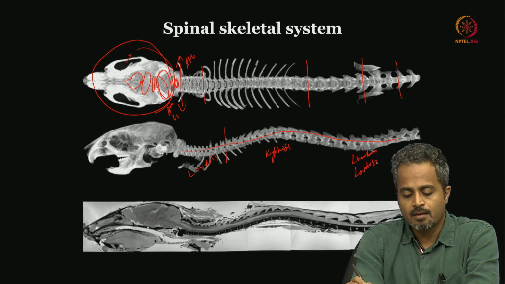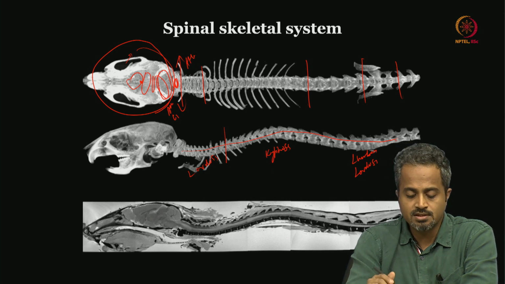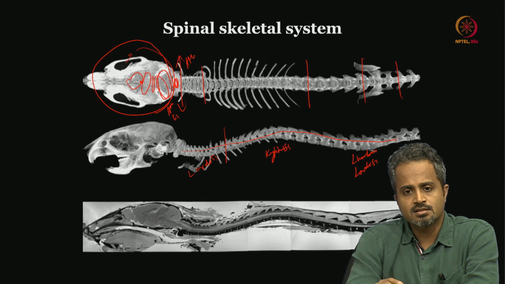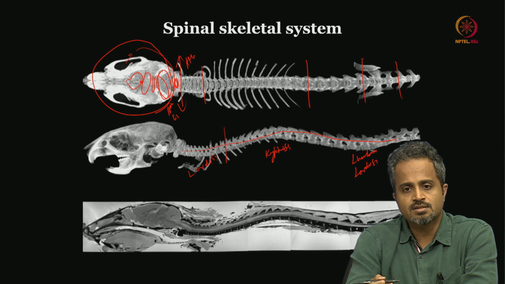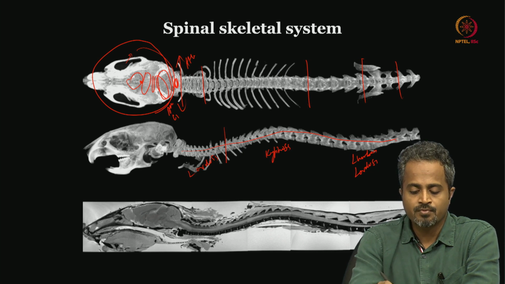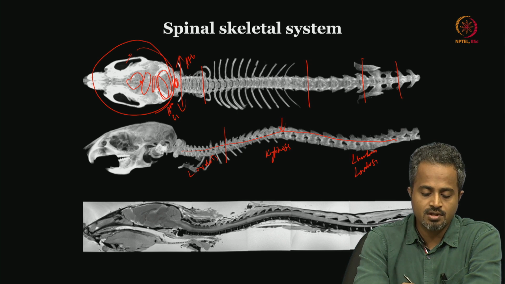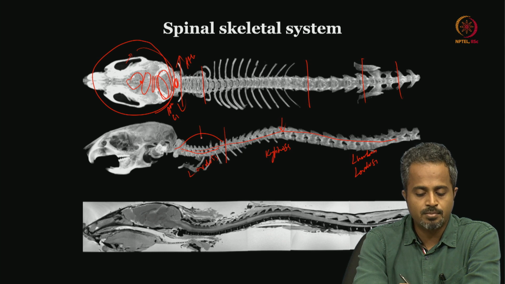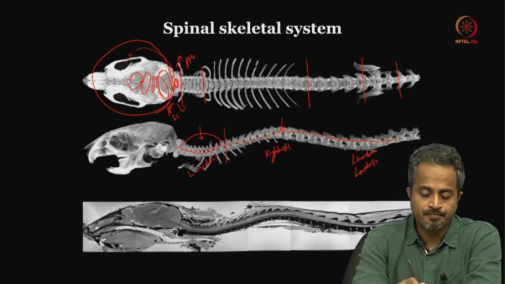So these curvatures are very important in humans, and in rodents it is enough to understand what sort of postural adjustment is required in order to approach this particular vertebra, and how do we make sure that this curve becomes that way so that your approach to each of these cervical vertebra becomes a bit easier.